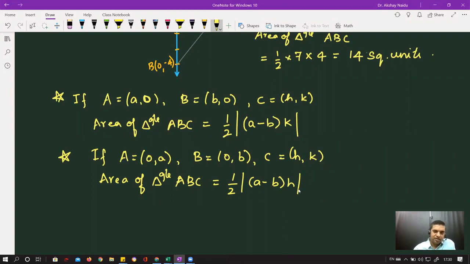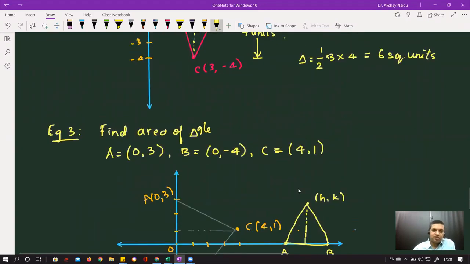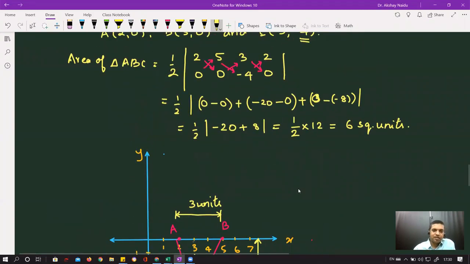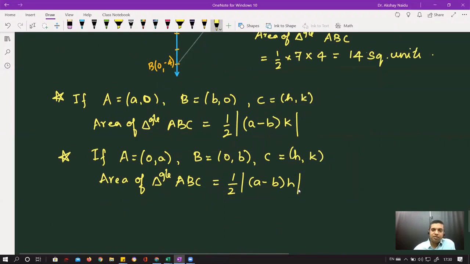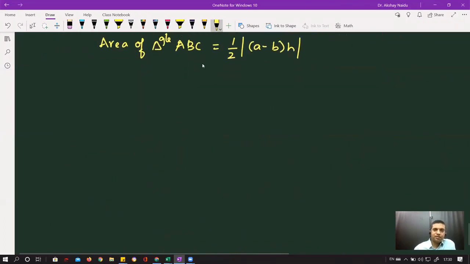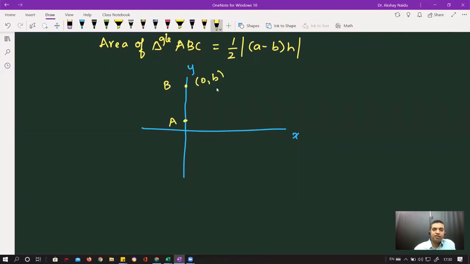Okay. So it is simple here. I'll show. So this is your x, this is y. So this is point a comma 0. This is point 0 comma a, 0 comma b.